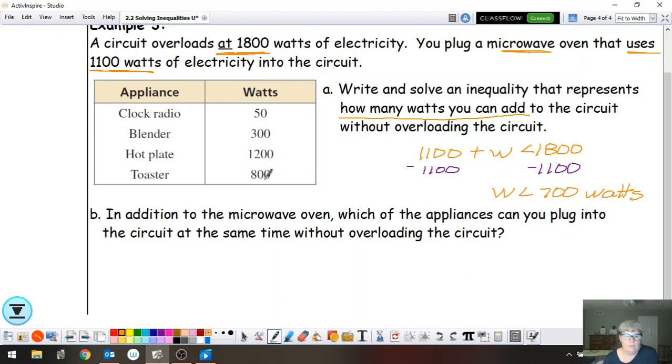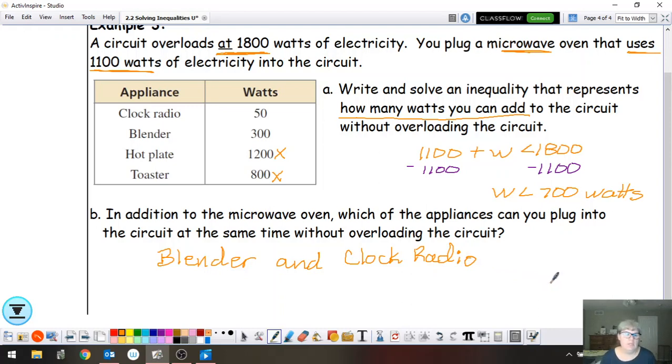Well, it wouldn't be the toaster because that's at 800. It wouldn't be the hot plate because that's at 1200. We could have the blender. And we could have the clock radio. Because they are both under 700 watts, and even combined, we're at under 700 watts.